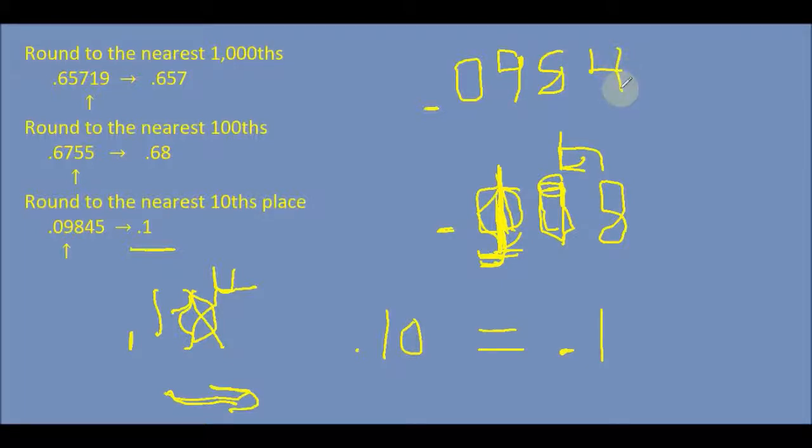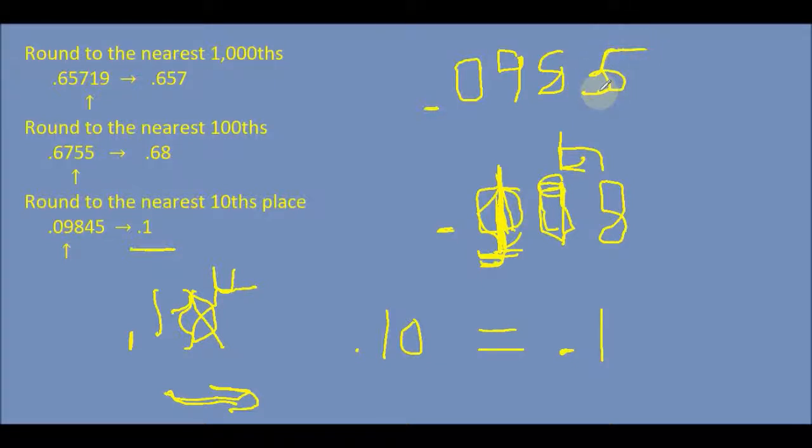But we're going to go to the very end and round this number to the nearest tenths. We look, this is a 5. Ooh, that means we round this number. The 5 makes the next one, instead of 4, go up to 5. So we rounded that, and this is a 5.